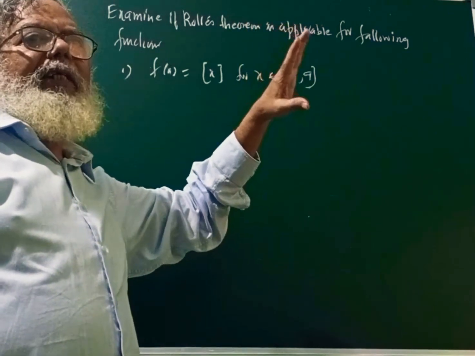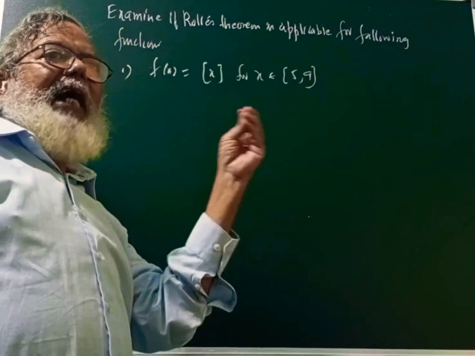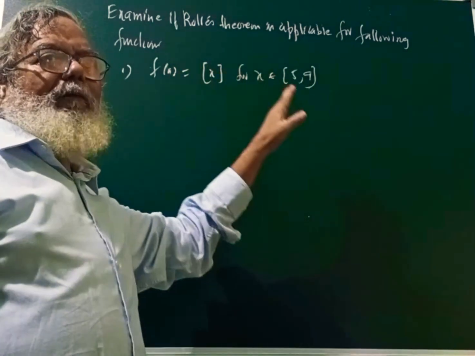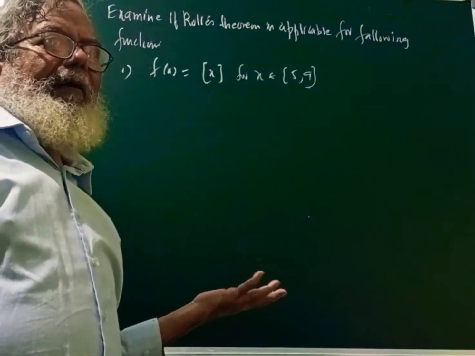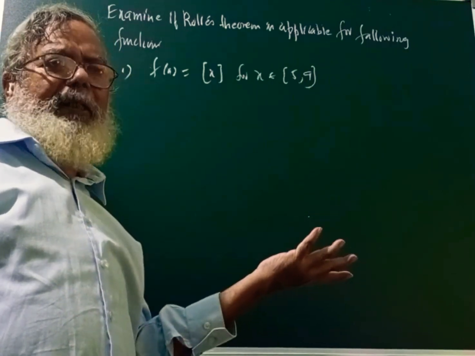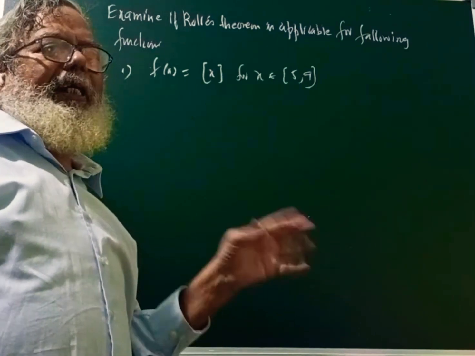At these 3 points, it is not continuous. When it is not continuous, it is not differentiable. Therefore, it is neither continuous nor differentiable in the open interval, and if two conditions are not satisfied, there is no need to go further. Because it doesn't satisfy the conditions, we cannot apply the theorem.